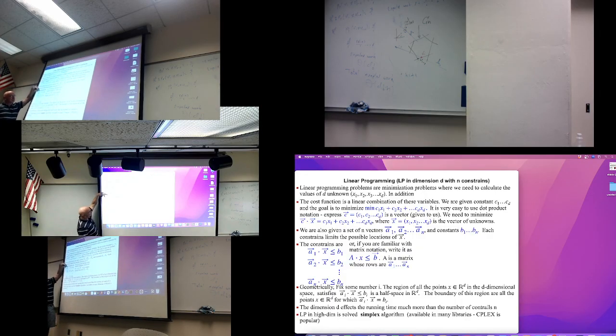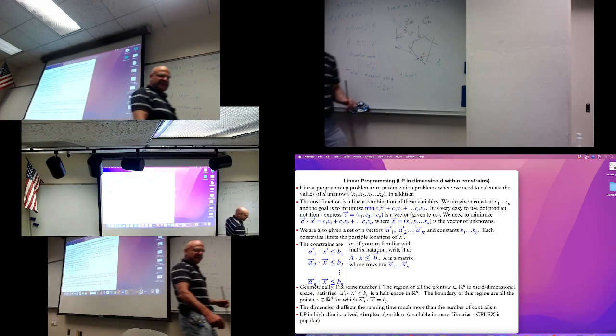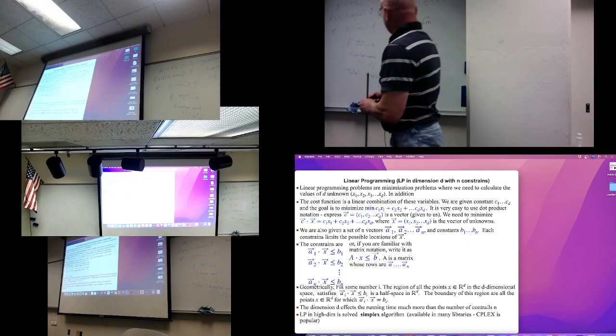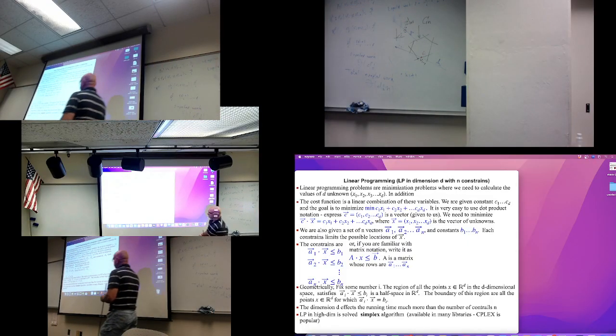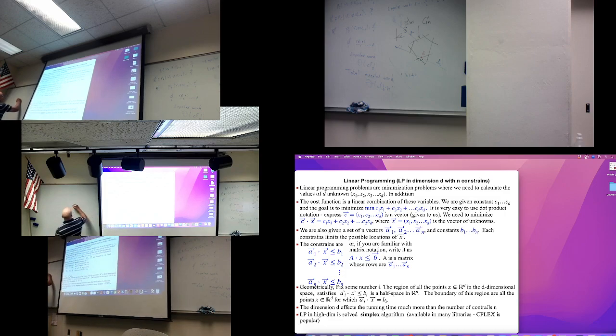With the following constraints: A1 vector given to you, dot product x is smaller or equal than B1. What does this constraint tell us? These are all the points. We talked about it. Here is the vector A1, and I have some point P on the line L1.